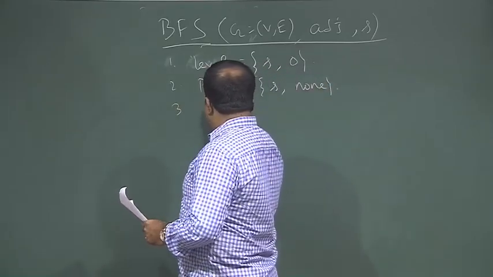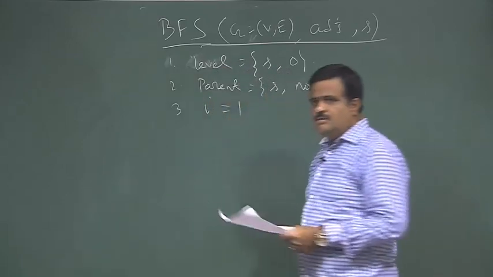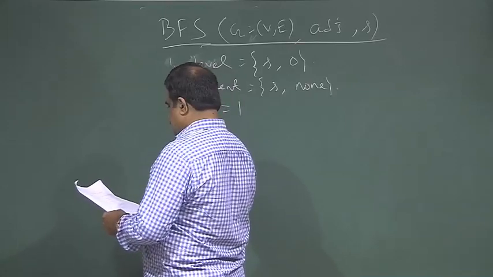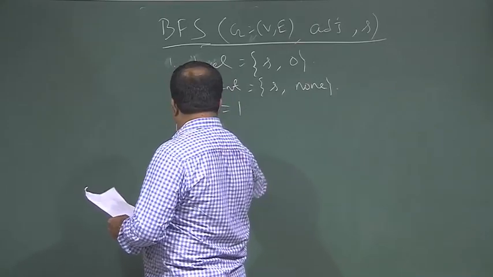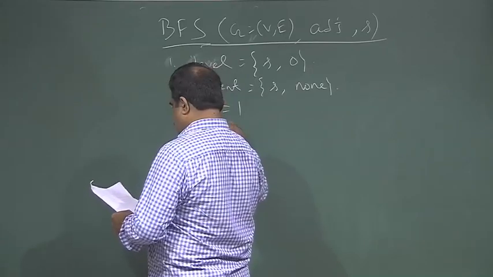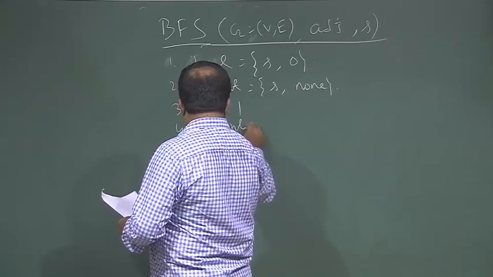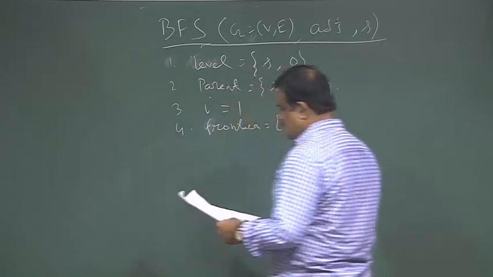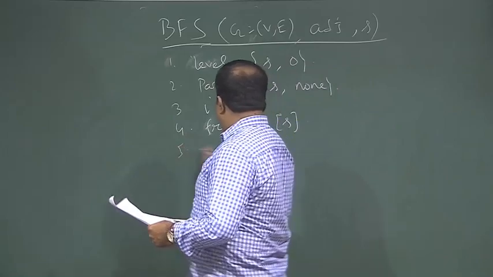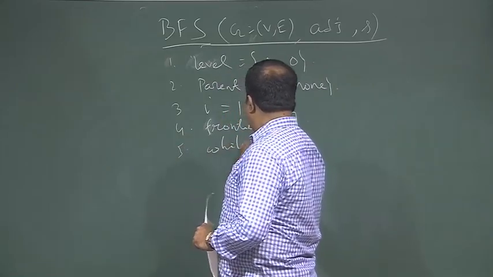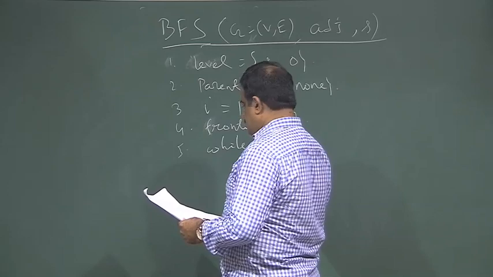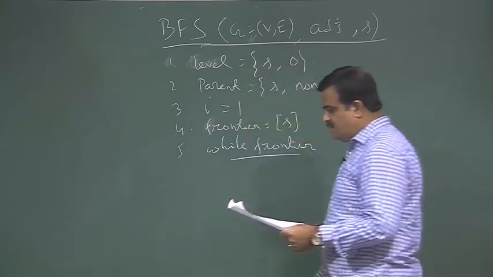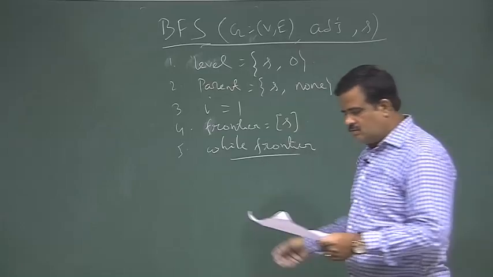Then we set i to be 1, which indicates the label, and we assign another set called frontier, which is initially S. We have a loop: while frontier is not empty. This is basically Python code.